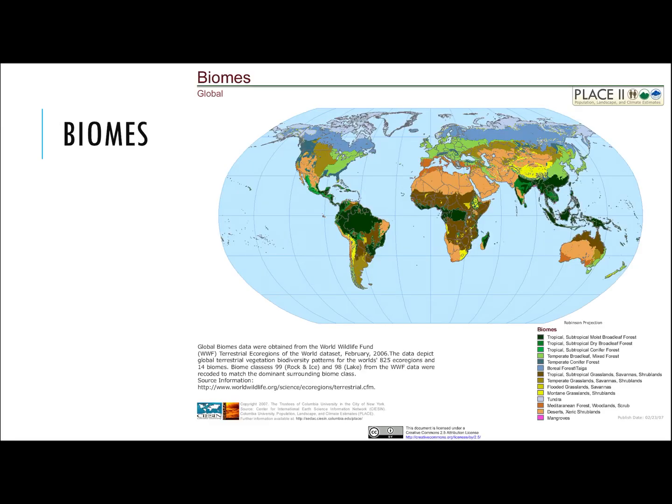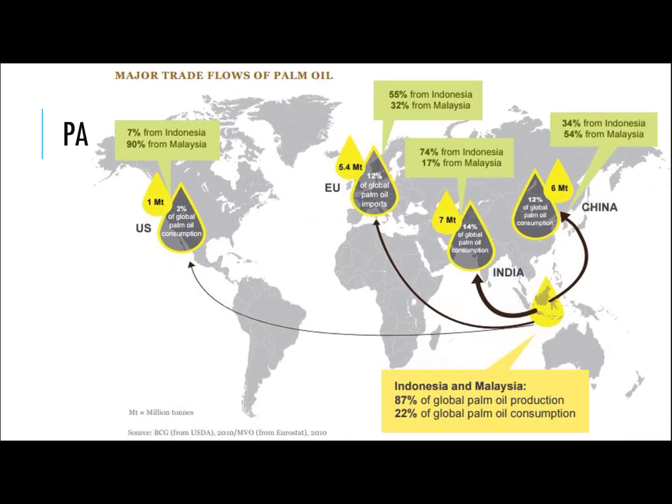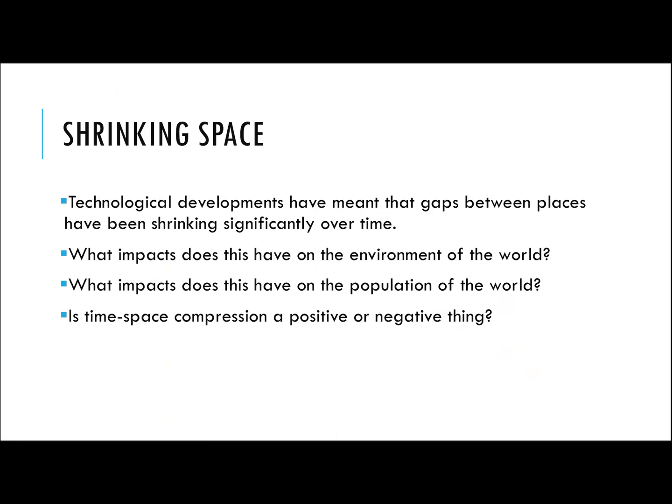There are a few examples: the example of global biomes that you can see on this slide, the example of urban populations on this slide, and also the example of palm oil production and consumption on this slide. So feel free to work through those in your own time.